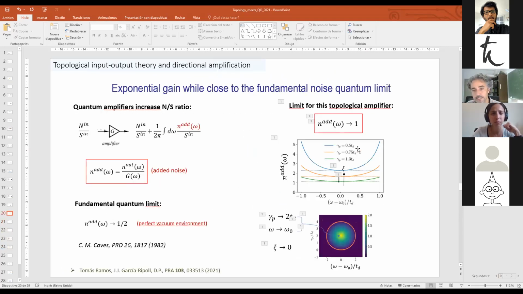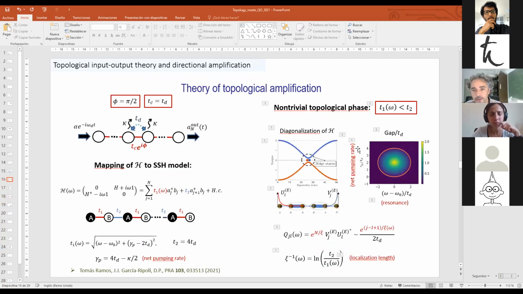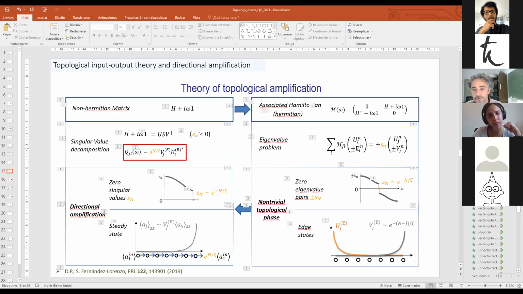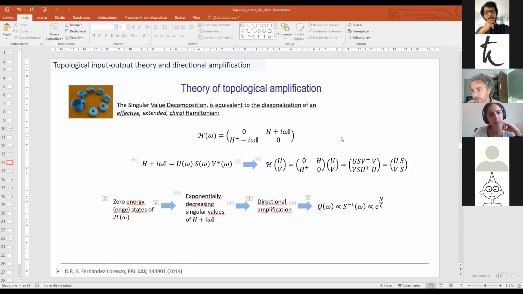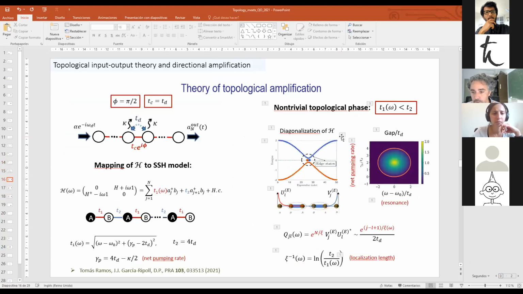But if you go to the Hatano-Nelson model, for example, the condition is that the winding number has to be different from 0. And if you use the theory, this allows you to calculate the edge state, spatial dependence, and basically everything.